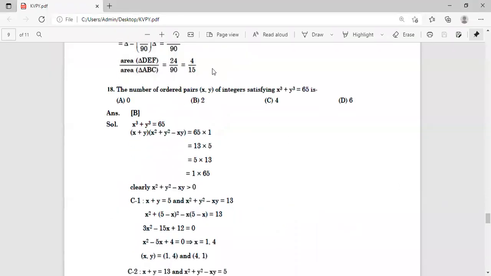Okay, next one. x cube plus y cube is 65. Number of ordered integer pairs. So one thing you can make out, 1 plus 4 cube. Or you just write the cubes. 1 cube is 1, 2 cube is 8, 3 cube is 27, 4 cube is 64, 5 cube is 125, then 216, then 7 cube, 343.